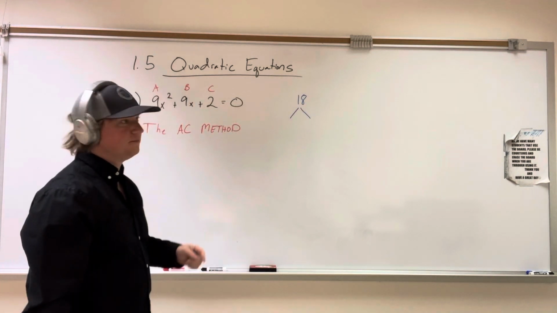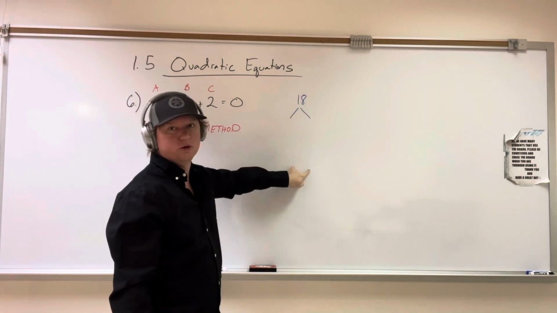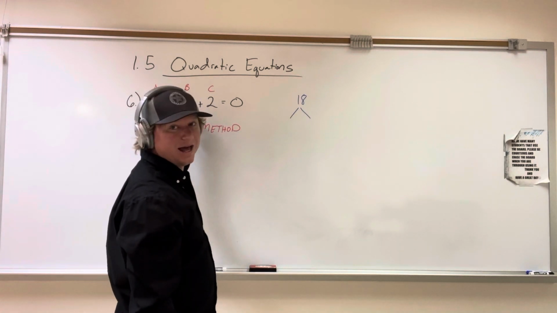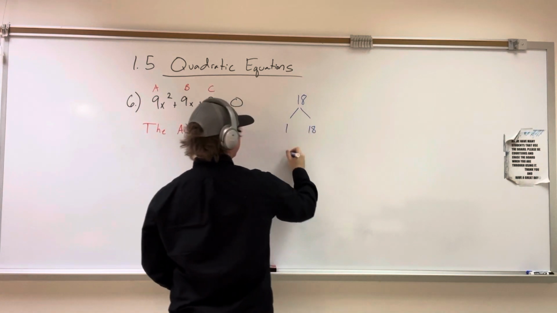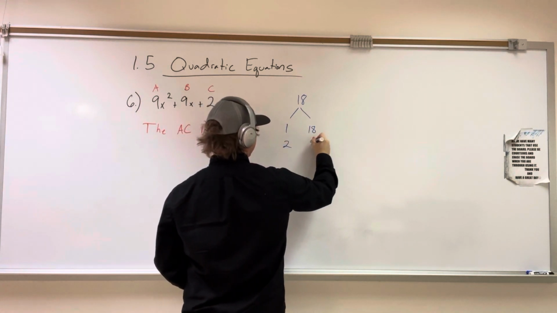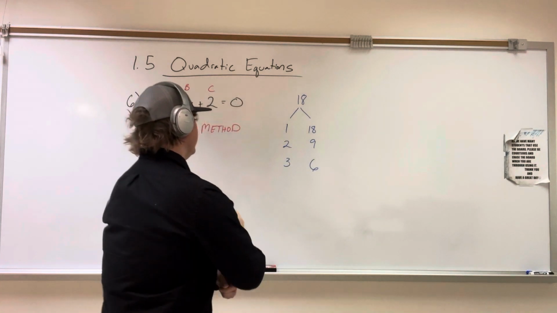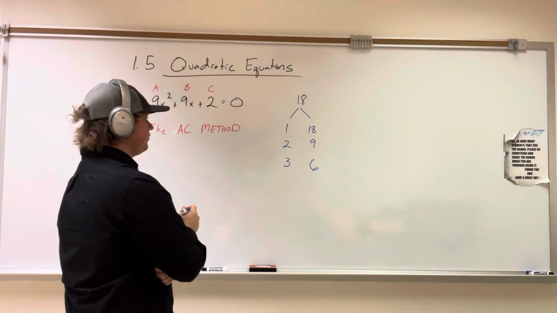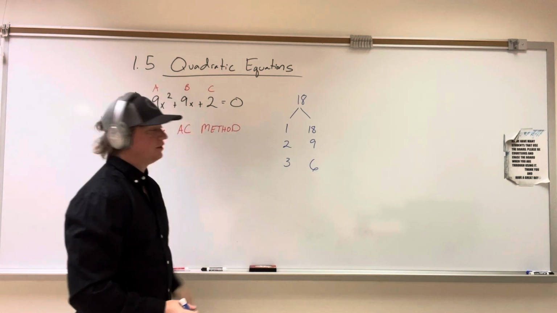And then we find out what factors of 18 can add up to 9. 1 and 18 doesn't do anything. 2 and 9, 3 and 6. And as you can see right here, 6 plus 3 equals that middle one.